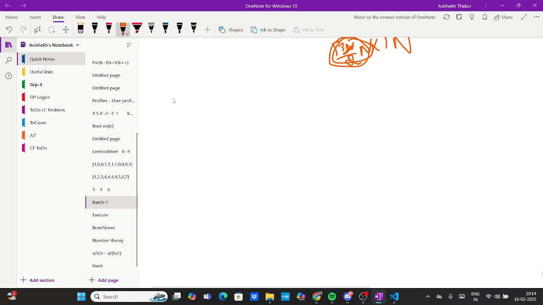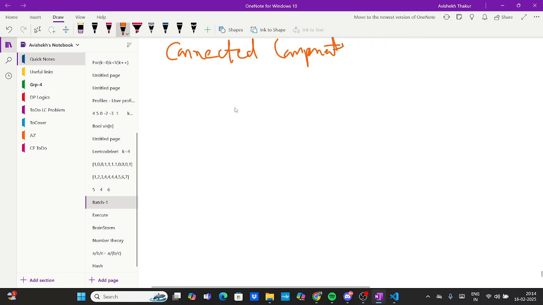Next we have connected components. First question is, how many graphs are there here?